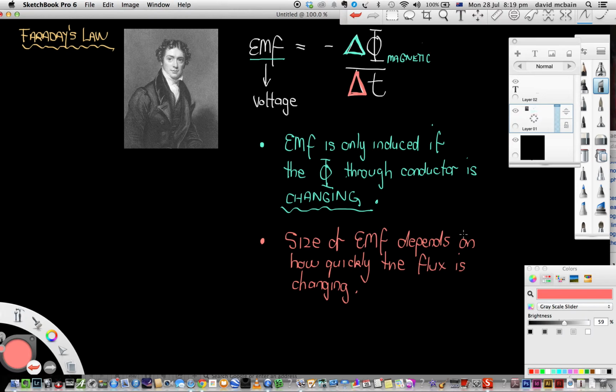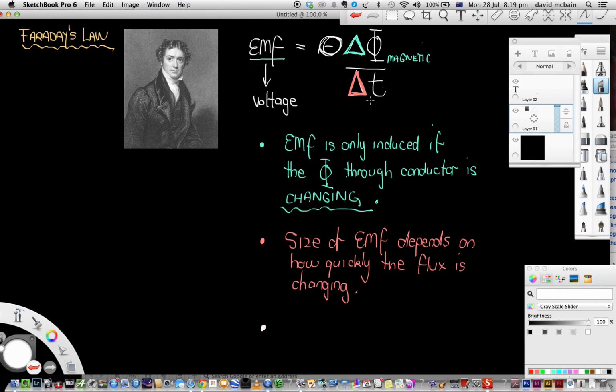And the third point, which is probably the hardest point to grasp at this stage, is that it is actually equal to the negative rate of change of flux. Now, we're not going to explore that right now, but we will explore it in the next lesson.